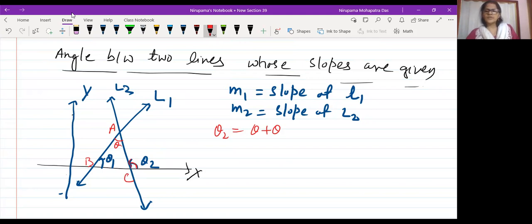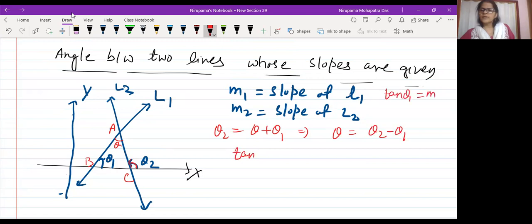So theta plus theta 1, or you can say theta equals theta 2 minus theta 1. We have slopes given, so tan theta 1 equals M1 and tan theta 2 equals M2. This is given to us.